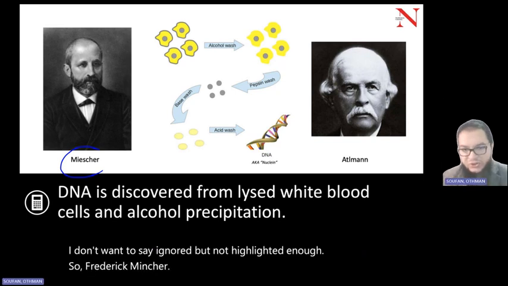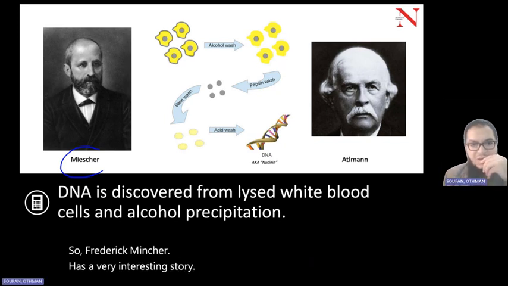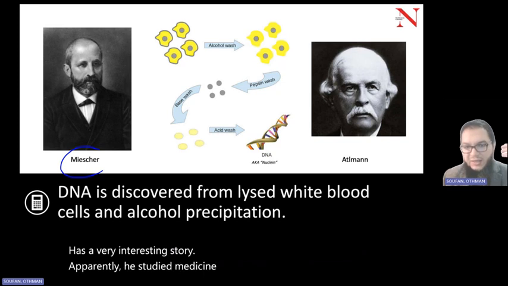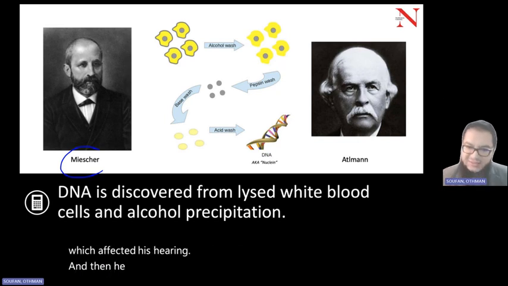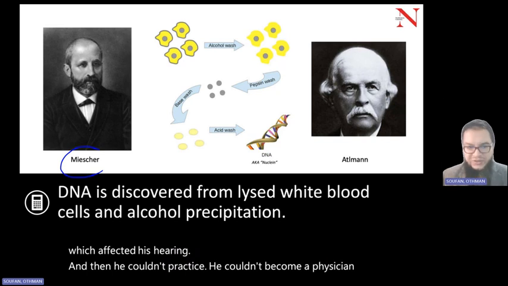So Friedrich Miescher has a very interesting story. Apparently, he studied medicine. He got a typhoid infection, which affected his hearing, and then he couldn't practice. He couldn't become a physician. So he decided to go into research.